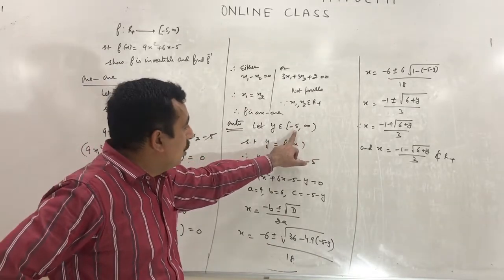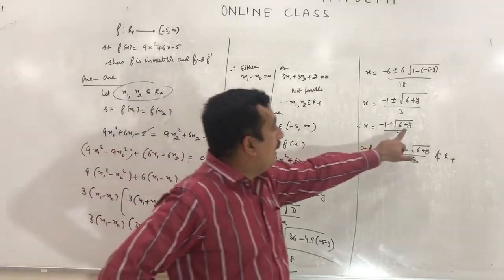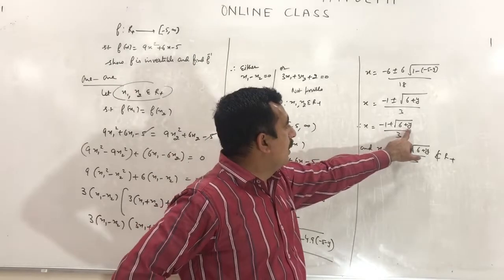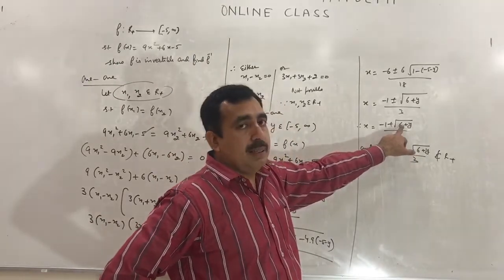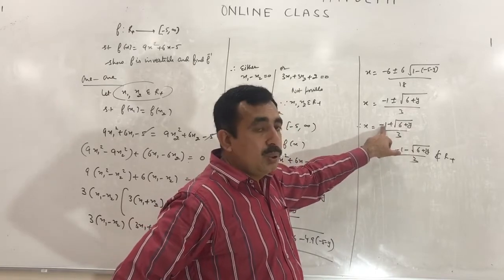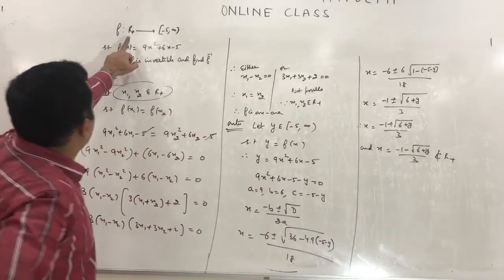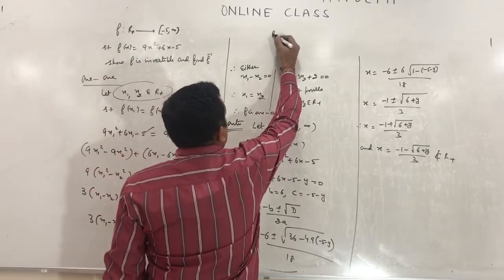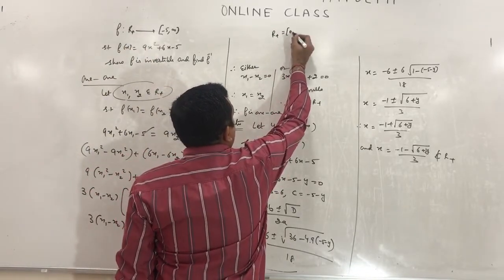So put any number from minus 5 to infinity. If I take y = -5, then -5 + 6 = 1, the root is 1, and 1 - 1 = 0. x = 0 belongs to R plus. What is the meaning of R plus? 0 to infinity.